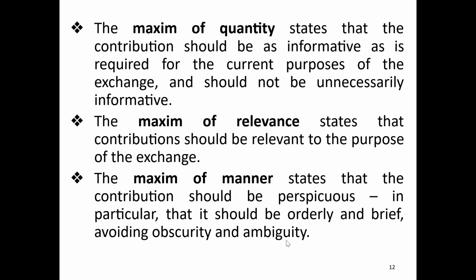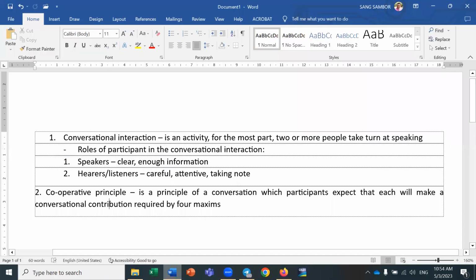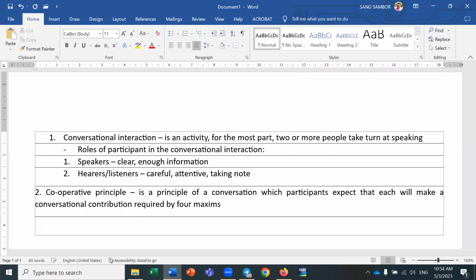Do you know the meaning of the term perspicuous? I will also give you the definitions of the words. So let's see. The word is perspicuous. Perspicacious. That is the wrong spelling, I believe.